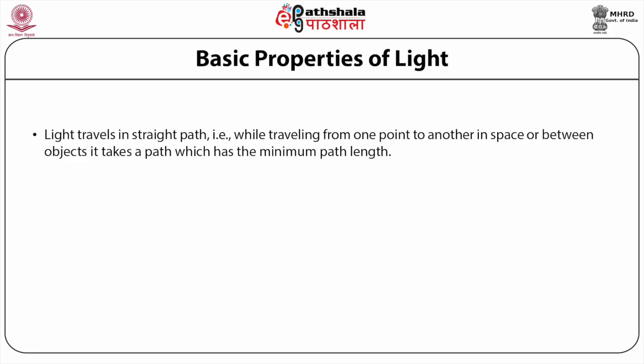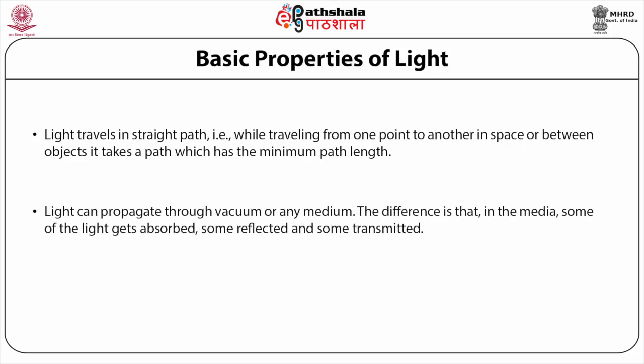The second point is that light can propagate through vacuum or any medium. Meaning, if light can be considered as waves, then these are waves which do not need the presence of a medium to propagate from one place to another. So light waves can propagate through vacuum or any other medium.